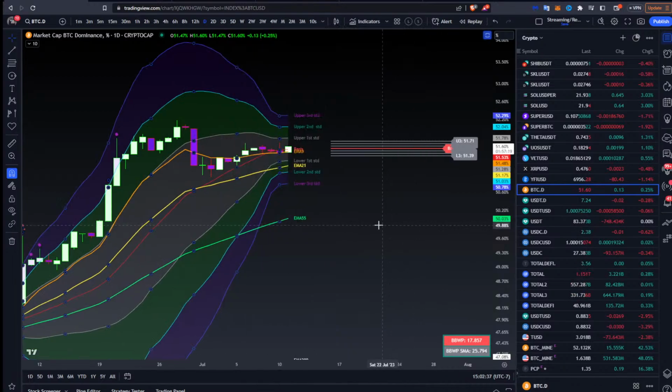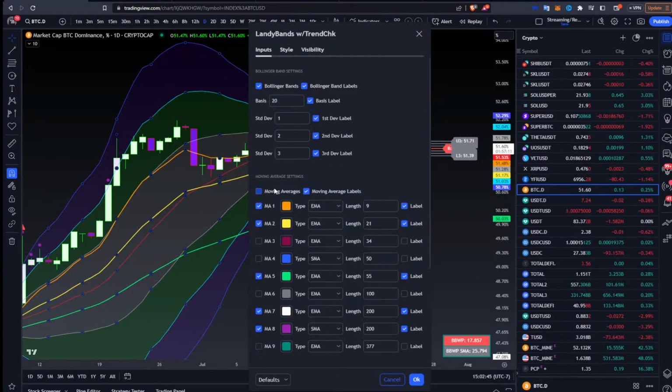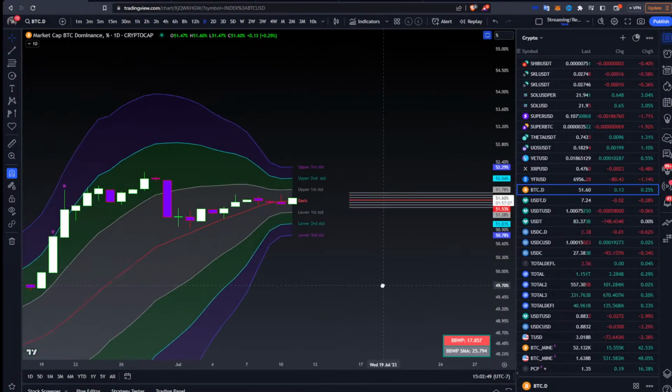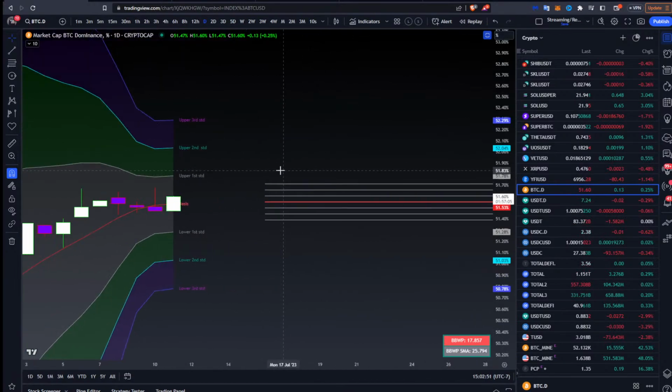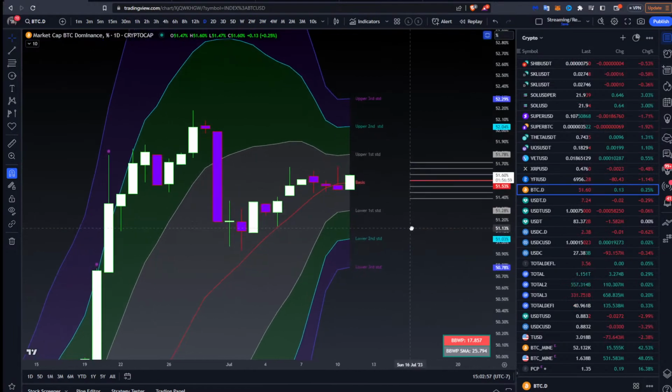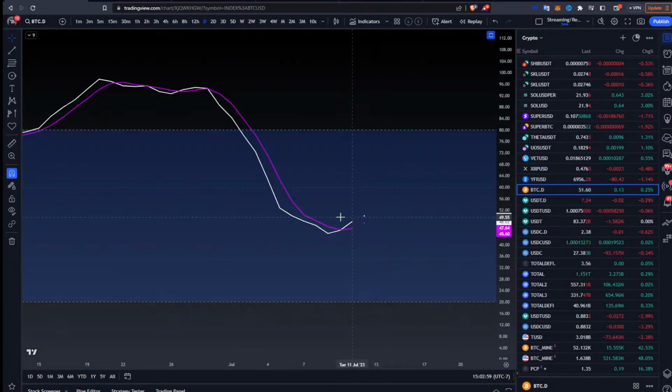And I can tell you right now, whether Bitcoin's price goes up or down, dominance is most likely going to head up. Let's get rid of the moving averages here in the Bollinger Bands indicator. And yeah, tight 4-hour consolidation on the Bollinger Bands within the upper and lower first standard deviations on the daily here for Bitcoin dominance. Close over close momentum is pointed to the upside.